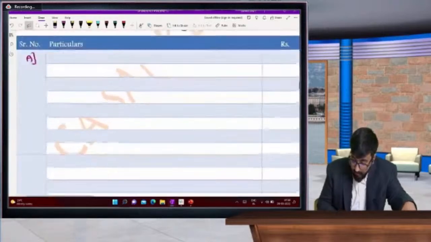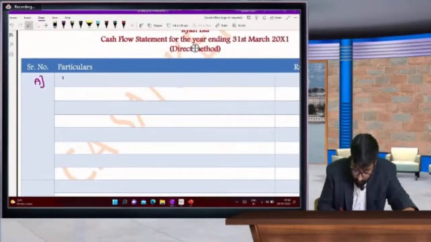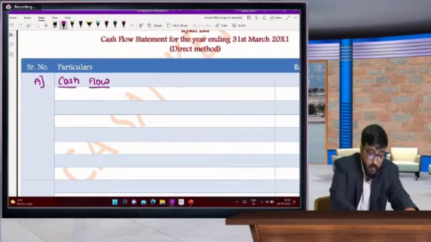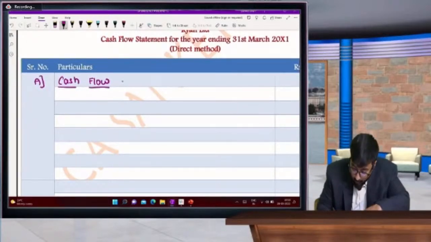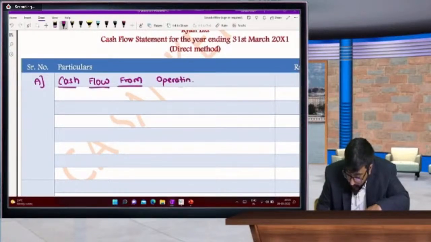A, cash flow from operating activities. Write it properly.